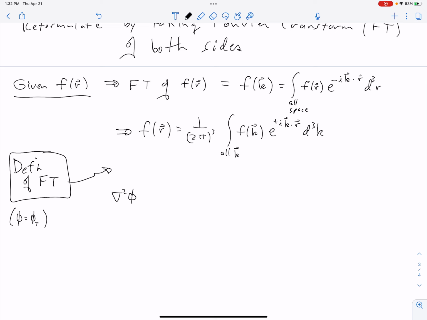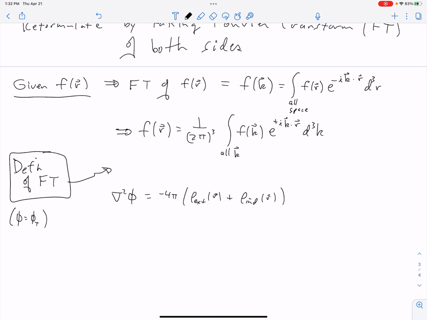So del squared phi, the total potential of everything, is equal to negative 4 pi times rho external of r plus rho induced of r.